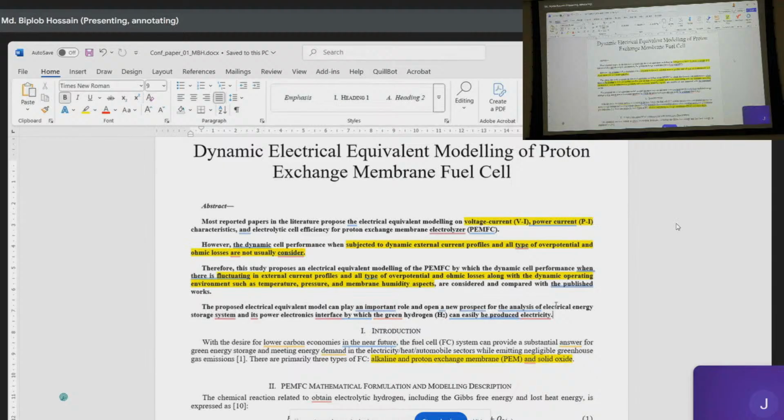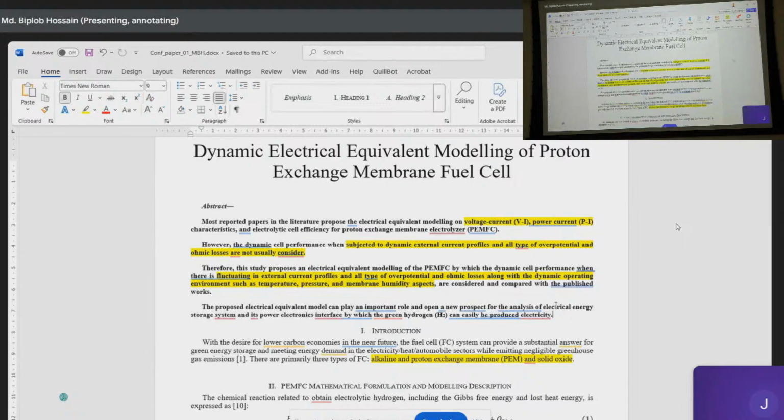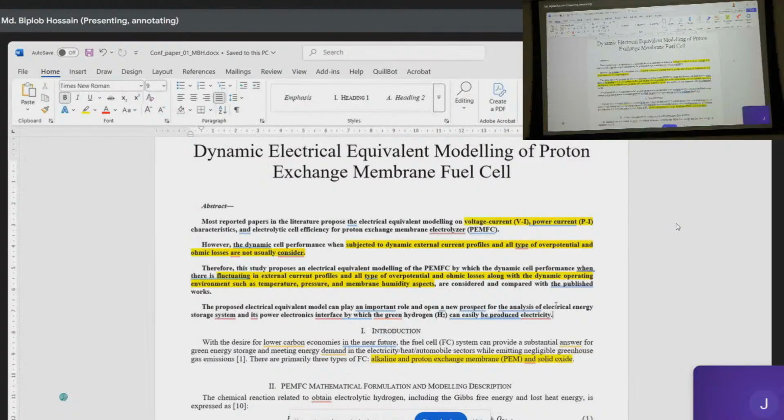But if we are focusing on renewable based power systems, then PEM, proton exchange membrane, is the best candidate because it can adjust its output current profile very quickly compared to other candidates like alkaline and solid oxide.